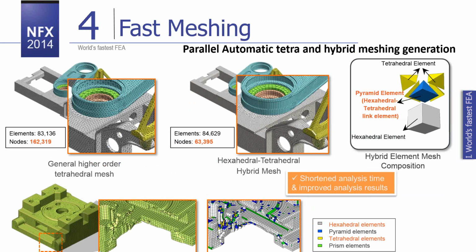You also have very fast meshing, and NFX includes, for example, the tetra mesh, of course, but you also have a specific kind of mesh called hybrid meshing, which is made of hexa and tetra, and this will improve the analysis time a lot, mostly because the number of nodes is divided by 3, and you gain accuracy at the same time because you are using hexa elements.